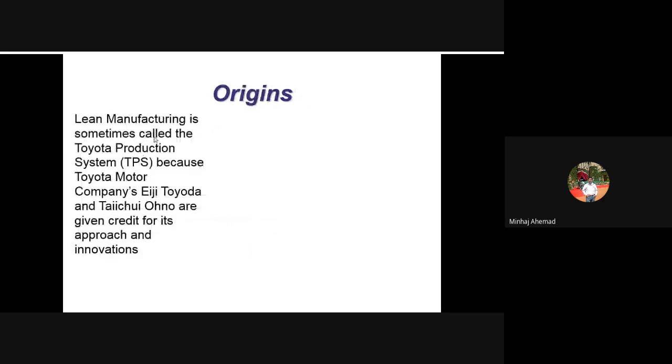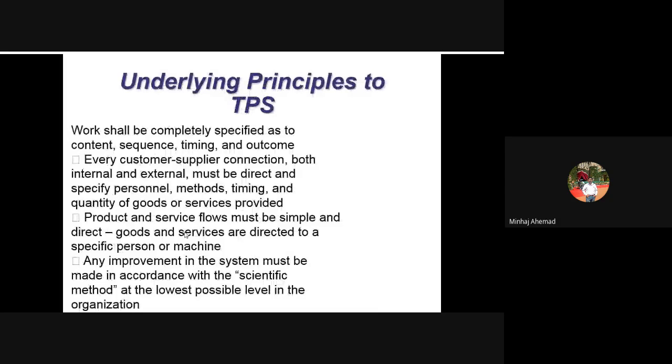So friends, lean manufacturing is sometimes called the Toyota production system because Toyota Motor Company, Mr. Toyoda and Mr. Ohno, are given credit for its approach and innovation of lean manufacturing in the Toyota production system in Japan. So these are some principles of TPS or lean manufacturing: work shall be completely specified as to content, sequencing, time, and outcome.